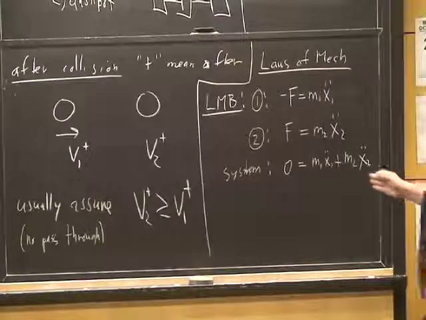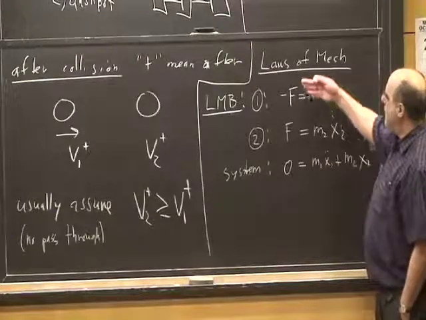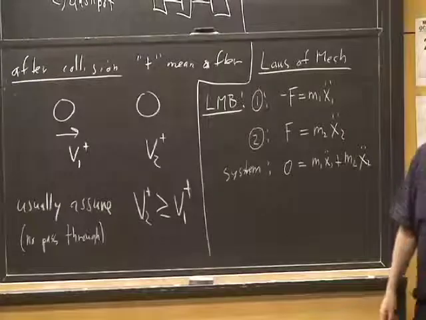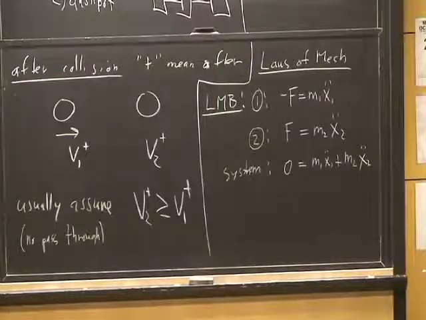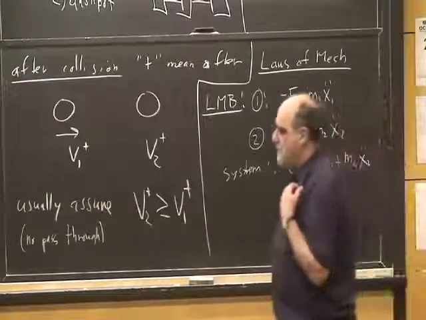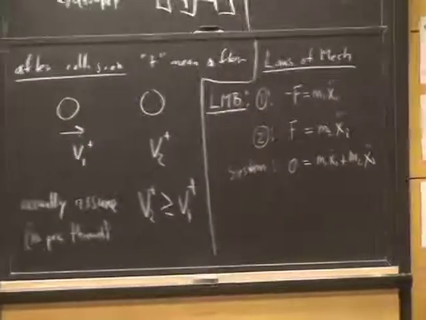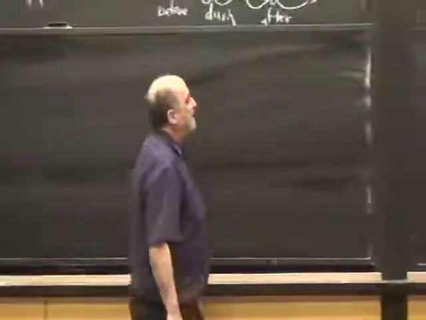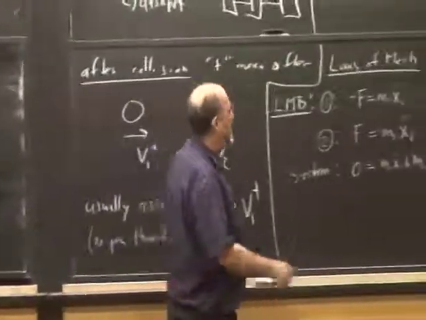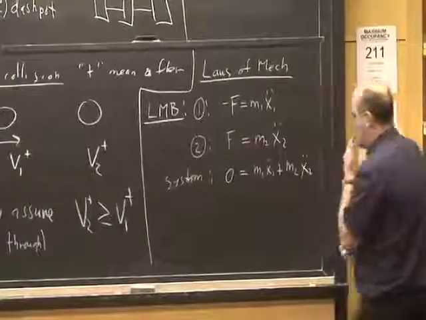Where does the system equation come from? You can think of it as coming from a sum of these two equations using action and reaction, or you can think of it as an independent postulate of mechanics that the rate of change of linear momentum for a system is the net external force on the system.